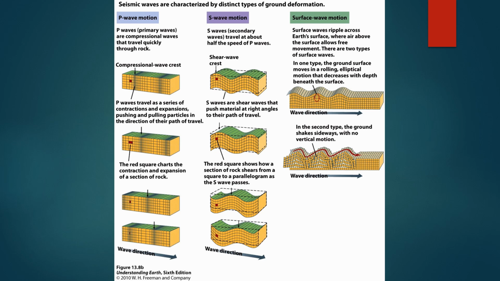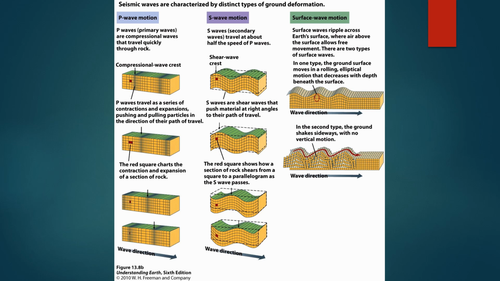S waves are shear waves. Shear waves push materials at right angles to the path of transportation. The rocks' motion is perpendicular to the transportation direction of the wave when the rocks are transmitting the energy of S waves.